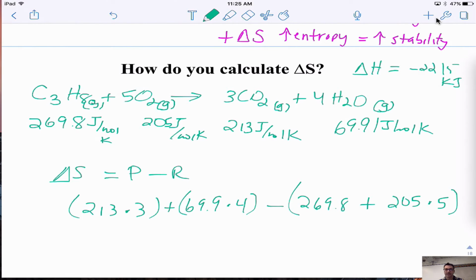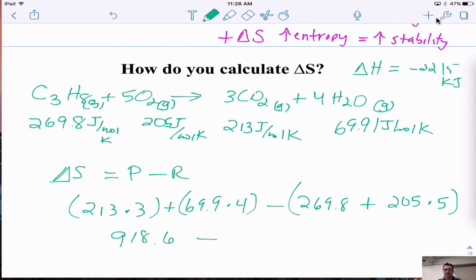So let me type into my calculator here. We're going to have 69.9 times 4, plus we're going to have our 213 times 3. And we're going to get a total for the products of 918.6.